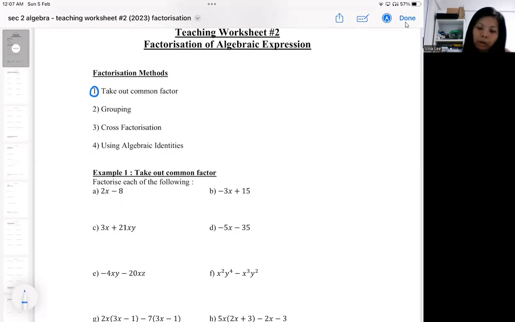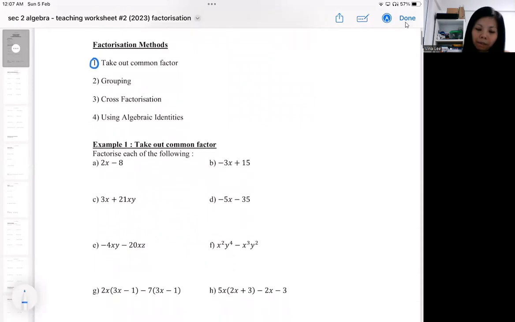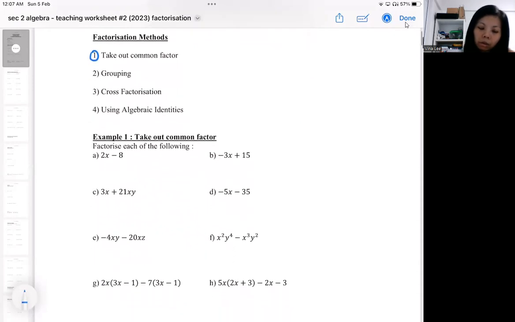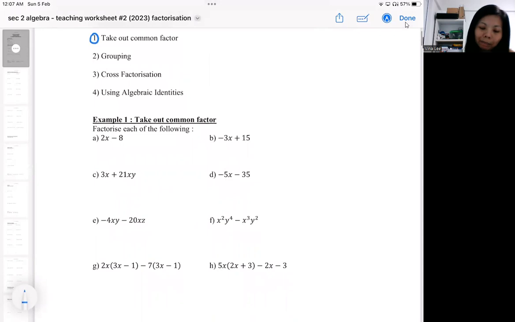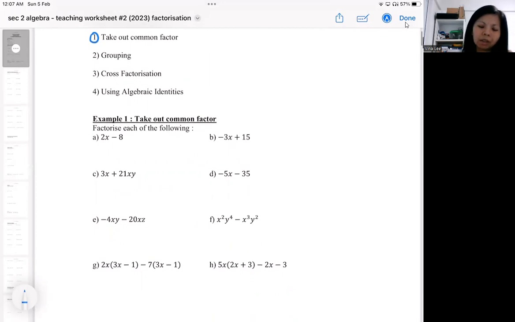I'll be taking you through method by method first. I'm going to be doing take out common factor first. Take out common factor is done in Sec 1, so more or less this is just a recap. If you look at 2x minus 8, I think most of you can see that 2 is the common factor.